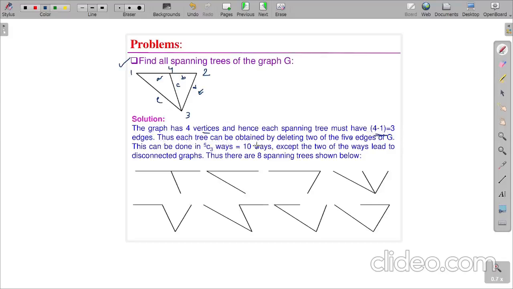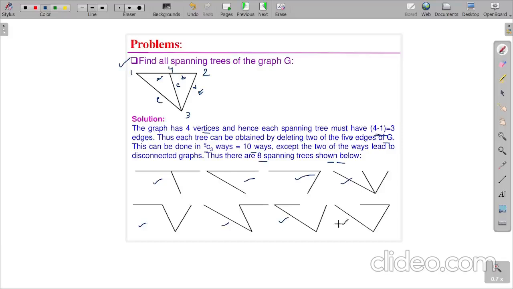Thus, each tree can be obtained by deleting 2 of the 5 edges of G. This can be done in 5C2 ways, that means 10 ways, except that 2 of the ways lead to a disconnected graph. Thus, there are 8 spanning trees shown below. 1, 2, 3, 4, 5, 6, 7, 8.